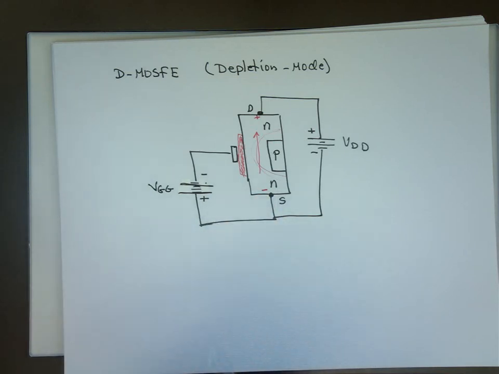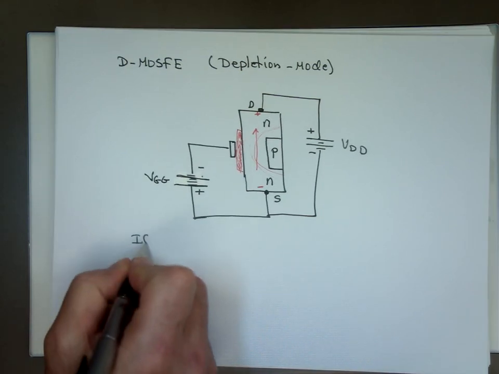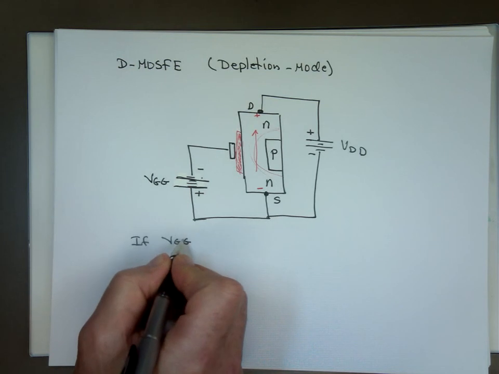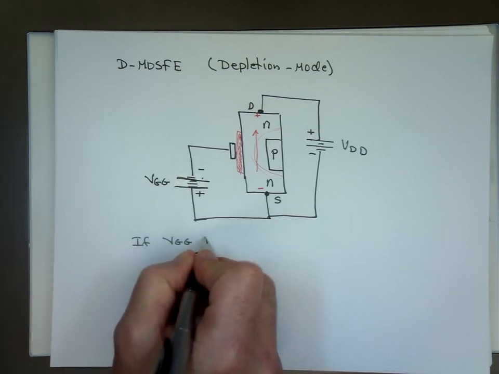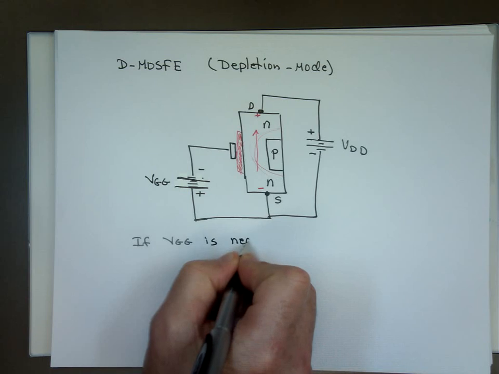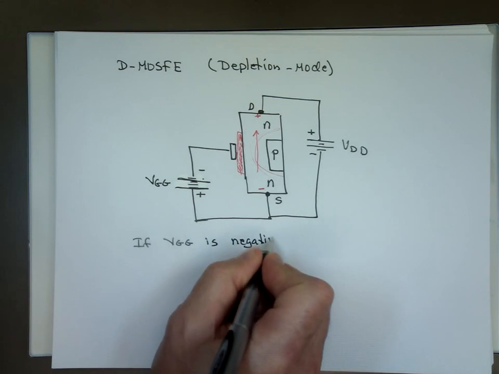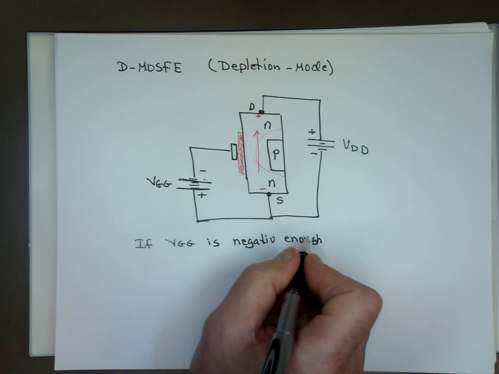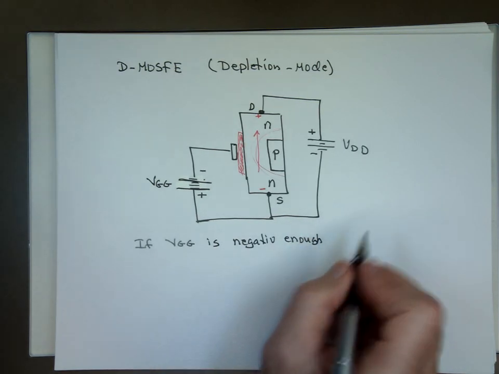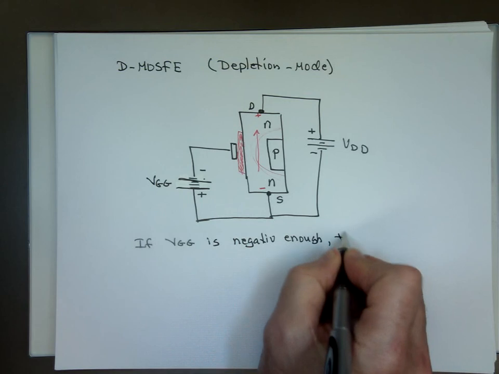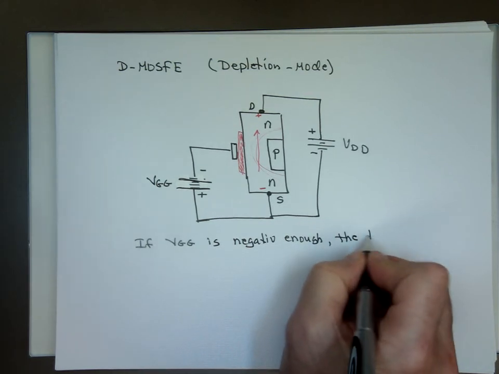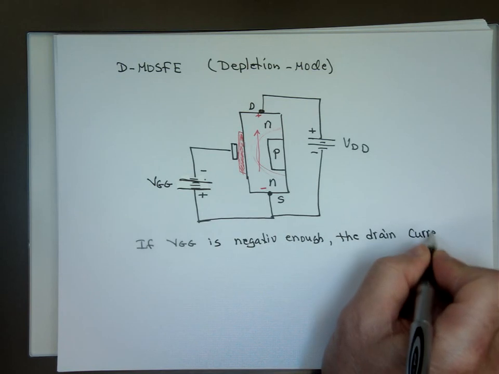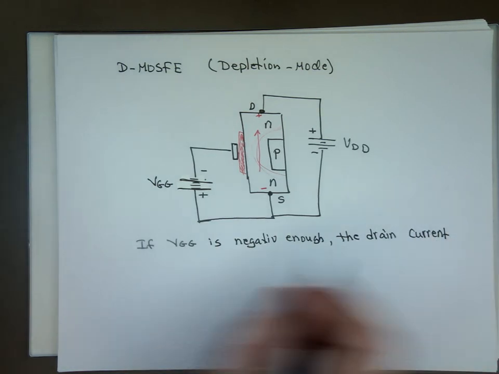So if VGG is negative enough, then what will happen? The drain current will be equal to zero.